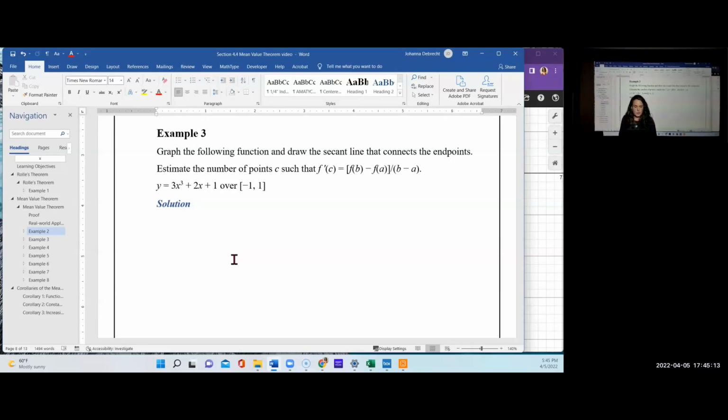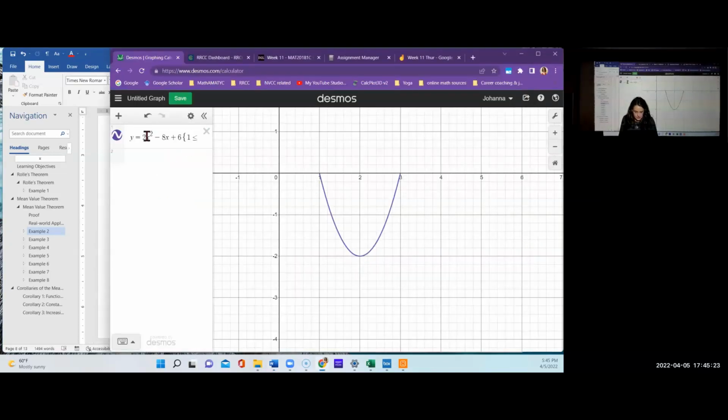So I'm going to go back to Desmos and graph this function, 3x cubed plus 2x plus 1.